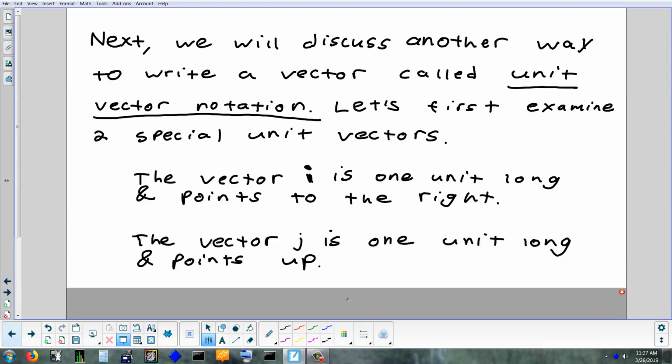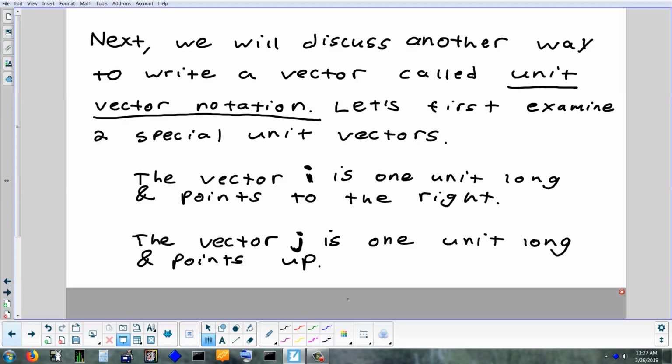One other special unit vector is the vector j. So j is another letter. You would never use that to name a vector you're dealing with. Only time you're allowed to use j is if you're talking about a unit vector that points up. And likewise, what could I do to that if I wanted a unit vector that points down?